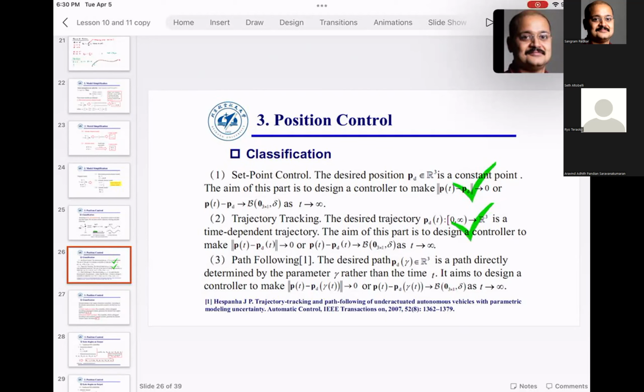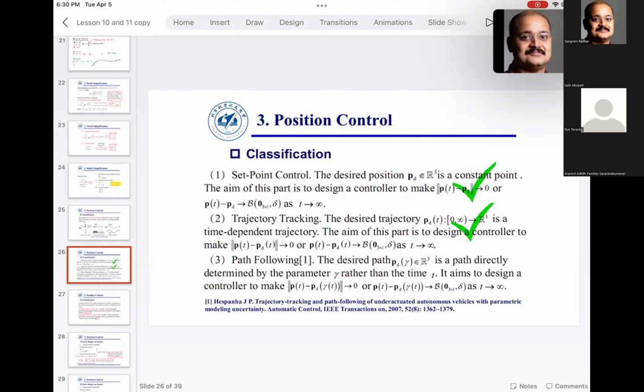If this motion is quasi-static, which means the quadcopter is going very, very slowly from point A to point B, clearly the algorithm for set point control can be used for some sort of trajectory planning or trajectory tracking. But if your quadcopter is going to have some finite speed, if you want it to go from point A to point B at a certain speed, then you want to do something called trajectory control, which means you have basically a trajectory.